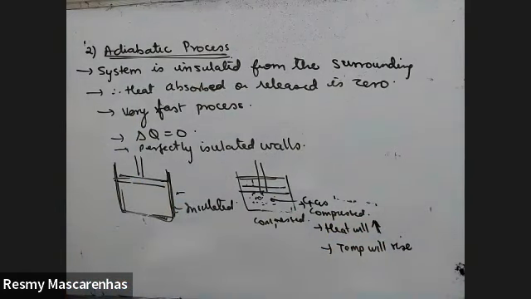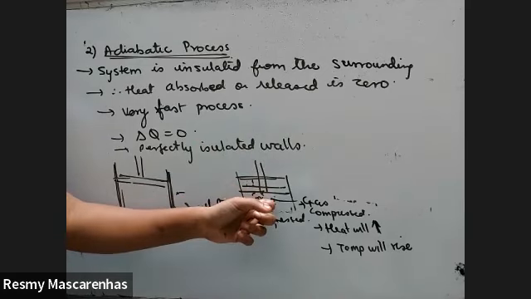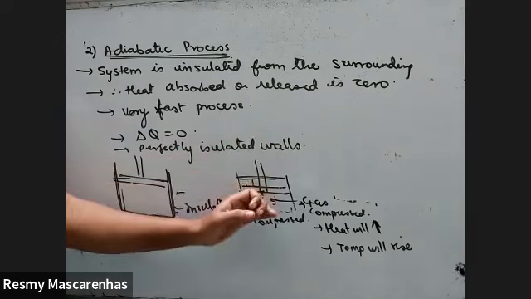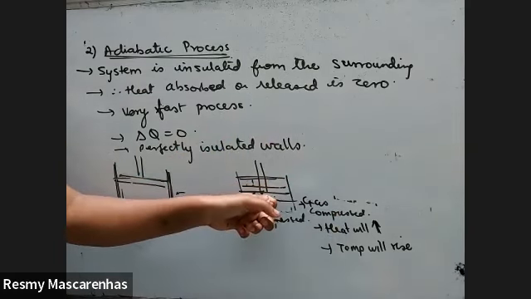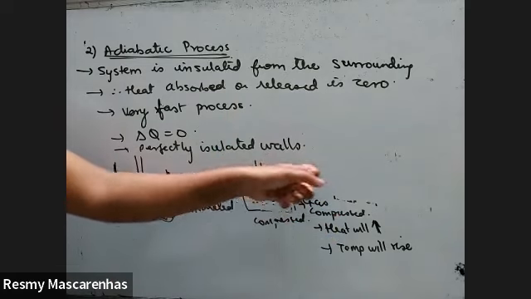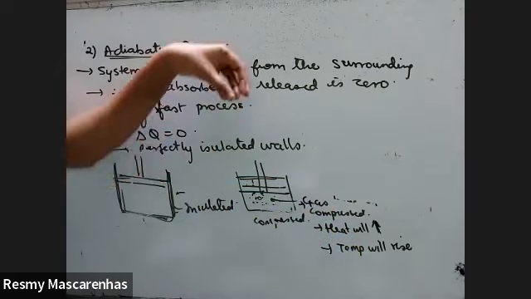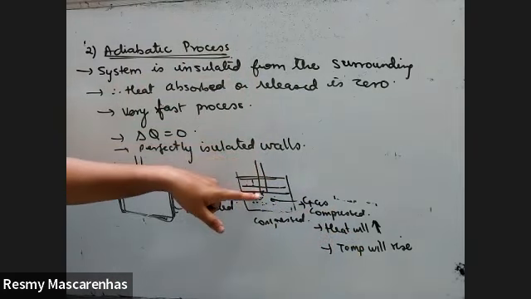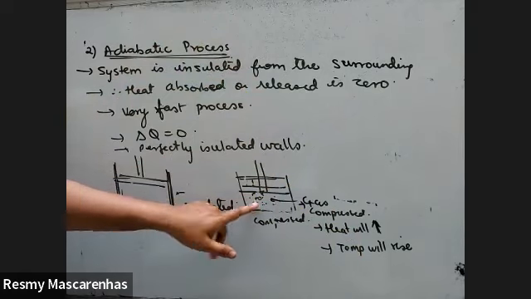This temperature is not lost to the environment. So how can you increase the energy by compressing the gas? Am I supplying any energy from outside? No. Is any energy going out? No. Still, I can make the temperature increase by just compressing the gas. Just pushing the piston, compressing, the heat of the gas will increase.